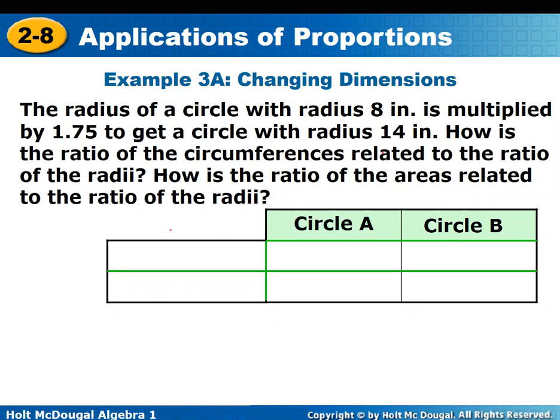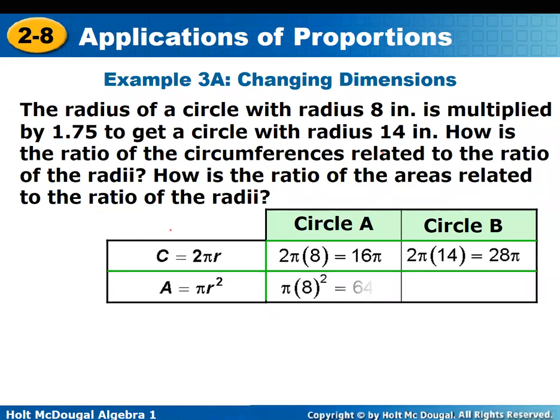With a scale factor, we have something called the ratio between the two figures. The ratio between the two figures is the same as the ratio between the two perimeters, which means if the ratio between two rectangles is 2 to 5, then the ratio between the two perimeters will be 2 to 5.